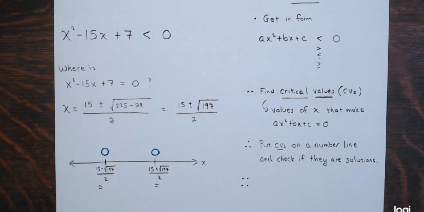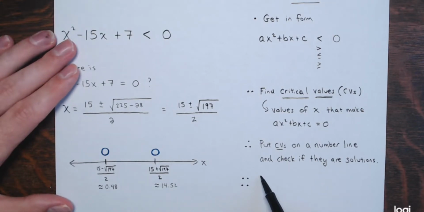Now, 15 minus the square root of 197, divided by 2, is about 0.48, and then 15 plus the square root of 197 divided by 2 is about 14.52. Just to give me a rough idea as to what numbers I can plug in.